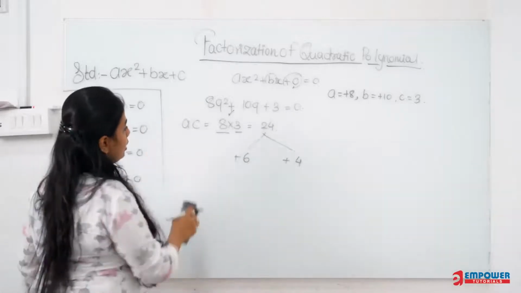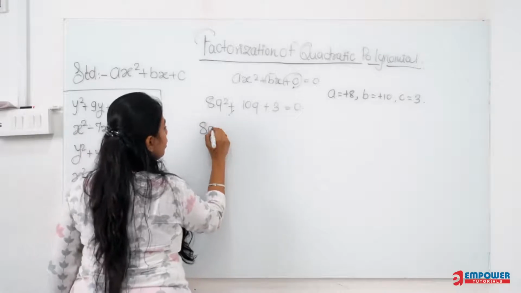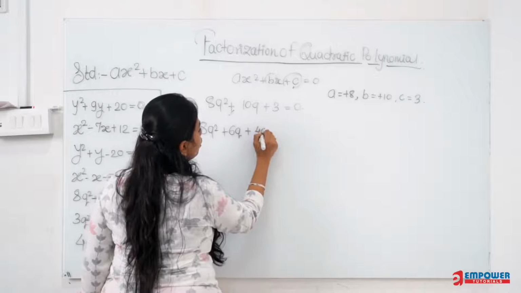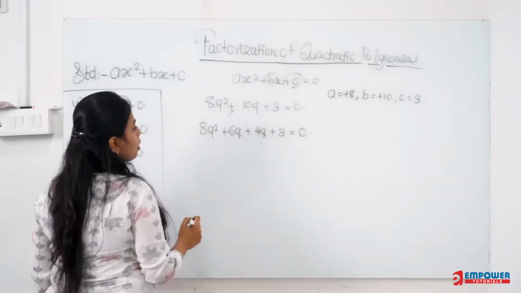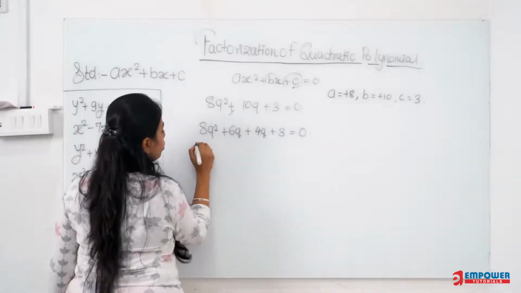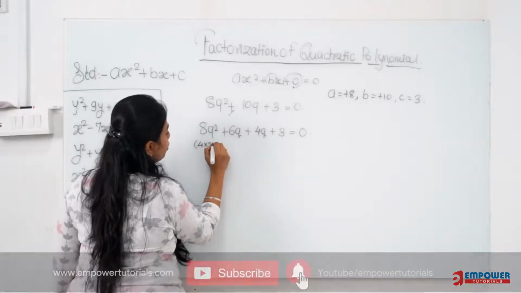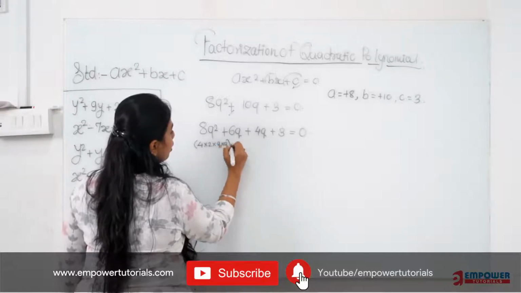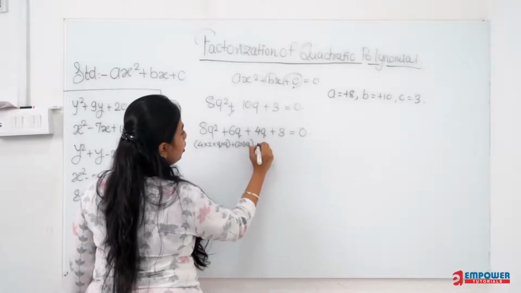So I will add this in the equation. So this will be 8q square plus 6q plus 4q plus 3 is equal to 0. Okay, so here what common factors are you getting? If you look at this properly, this is 4 into 2 into q plus 2 into 3 into q.